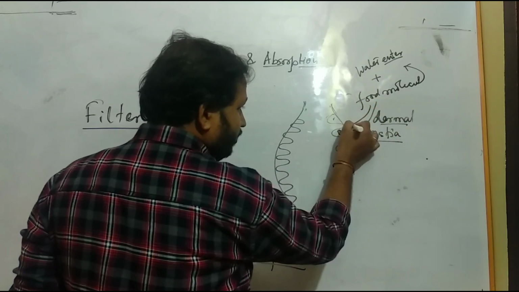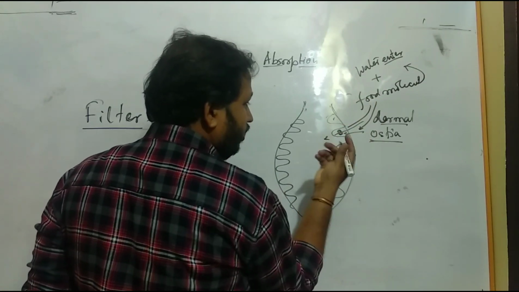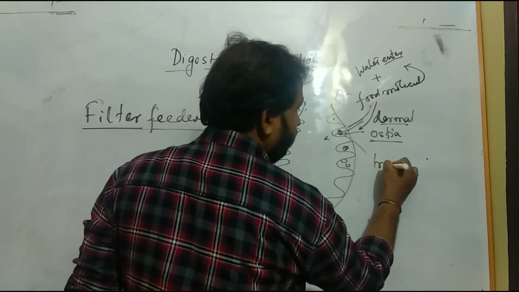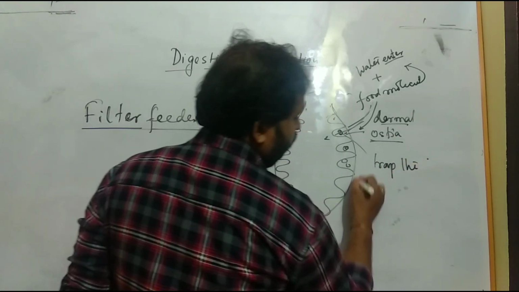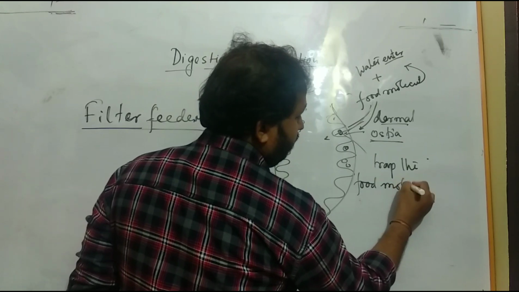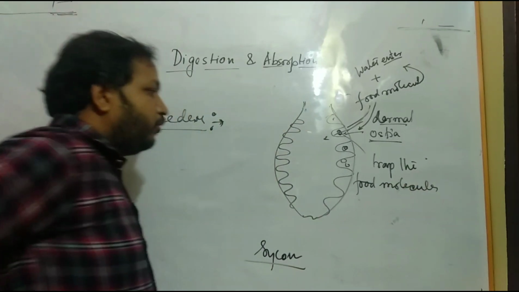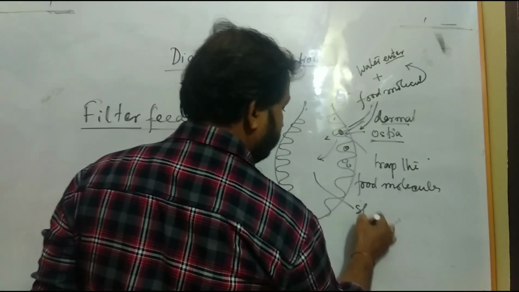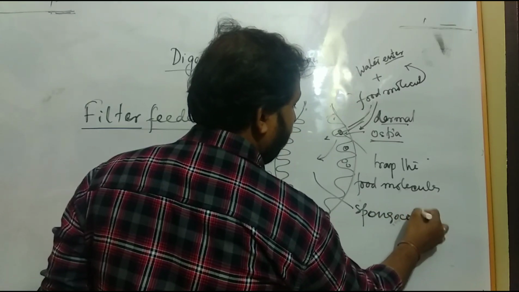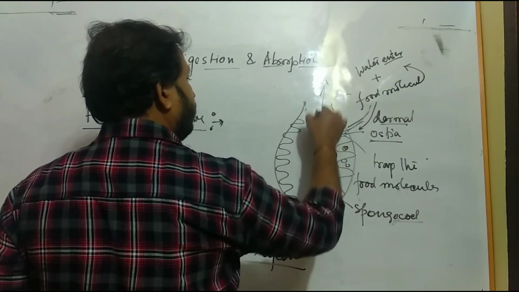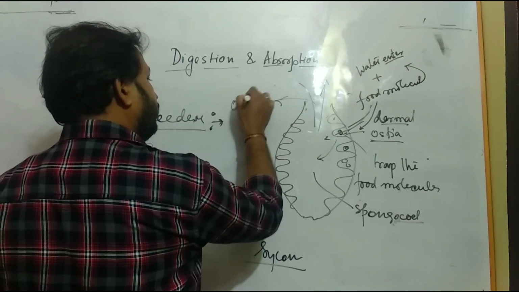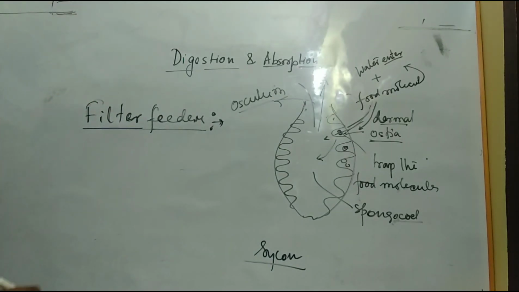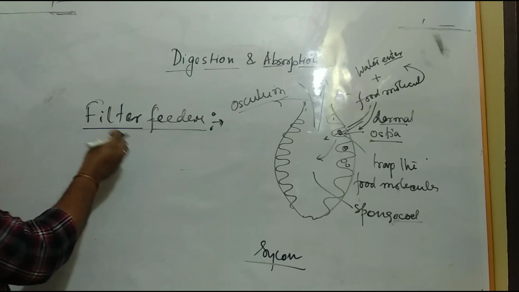So when water enters through these pores, they trap the food molecules and feed on them. The water then enters this part, called the spongocoel. After that, water moves out of the body via the structure called the osculum. This is about filter feeders. So this kind of organism filters the food before they feed.